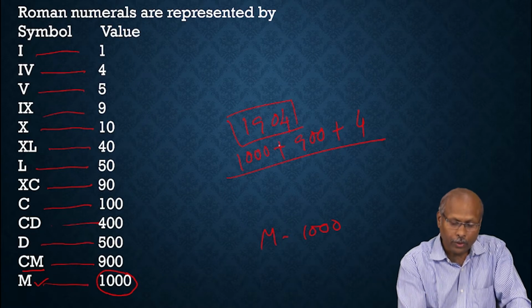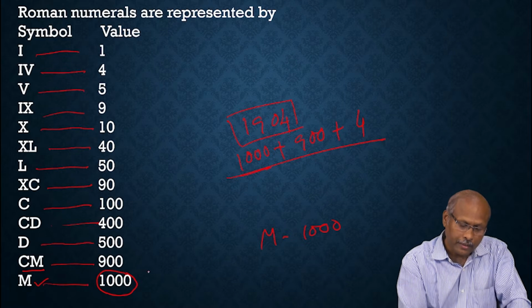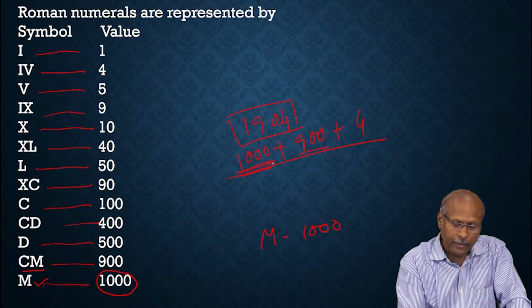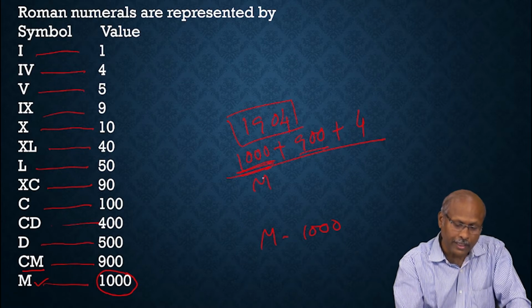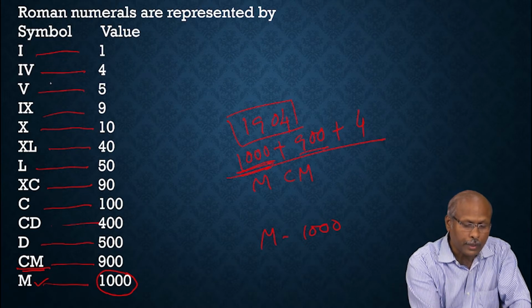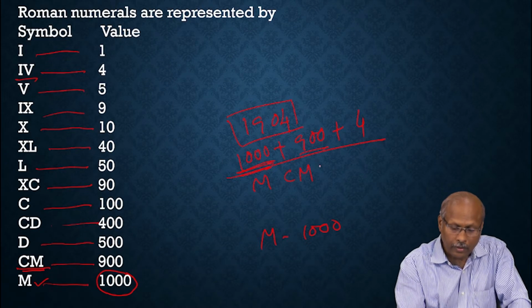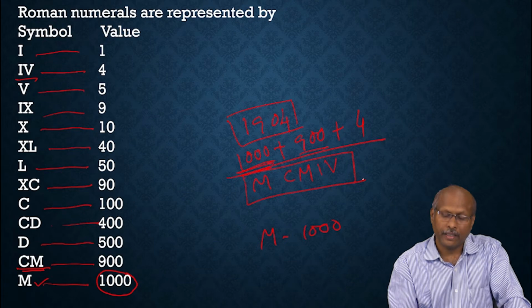First, 1000 is M. Then 900 is CM. Then 4 is IV. So my answer should be MCMIV.